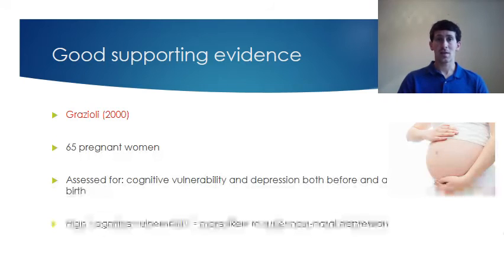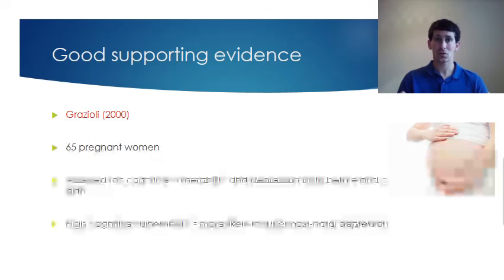What they found was that those women who had higher levels of cognitive vulnerability, so those who were more likely to think negatively about the world, about the self, about the future, were far more likely to develop postnatal depression. So this study shows that those women who have cognitive vulnerability, who think faulty, who have a negative triad, are more likely to develop depression after birth.